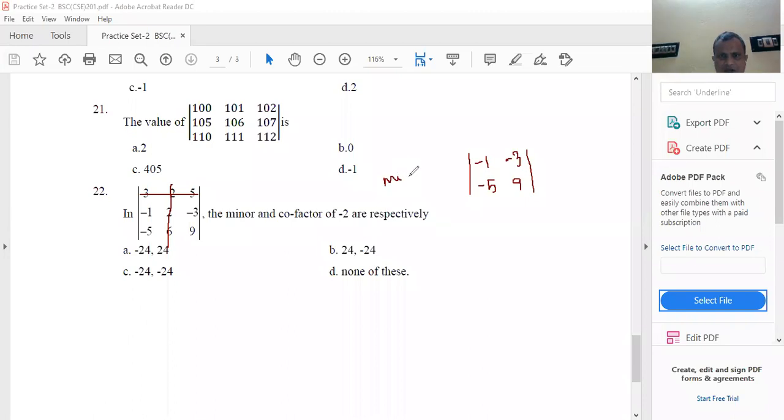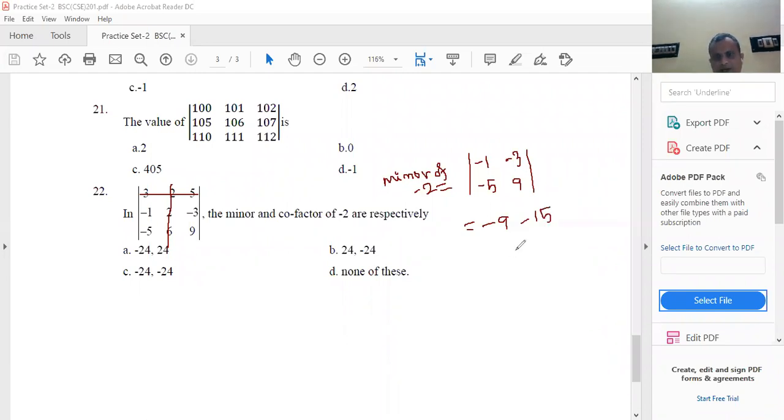That should be the minor of minus 2. If we expand this one, the result becomes minus 9, minus 15, so the ultimate result becomes minus 24. That should be your minor.